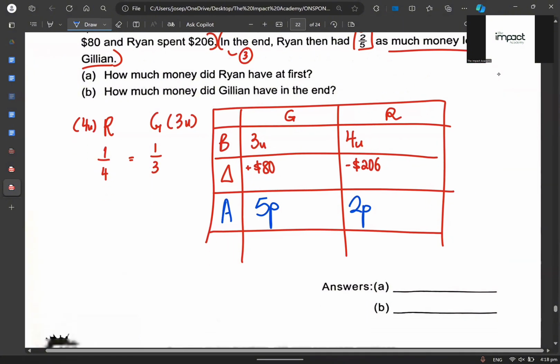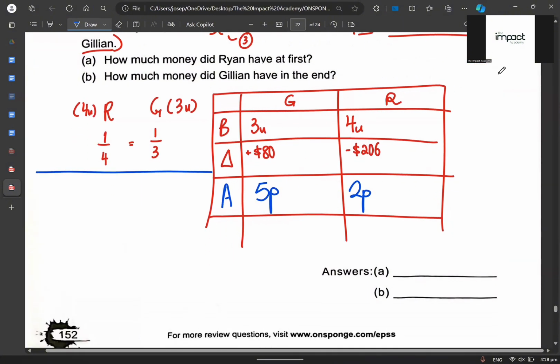Well, from here itself, you can see already, right? That 3 units plus $80 is actually equals to 5 parts. Agree so far? 4 units minus away $20 equals to 2 parts.